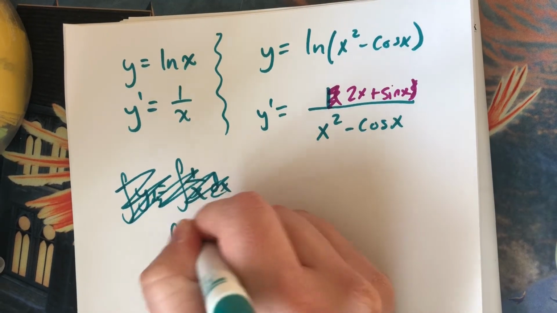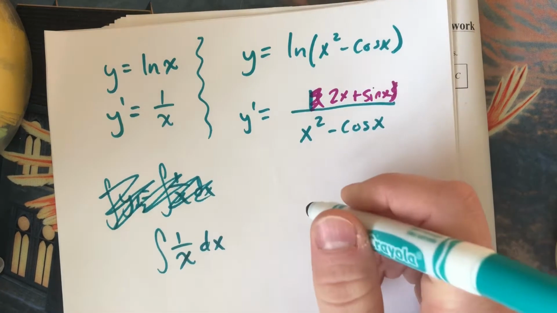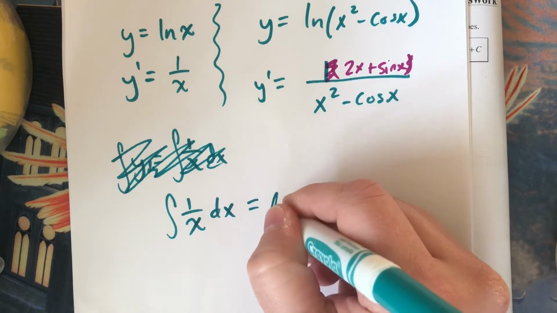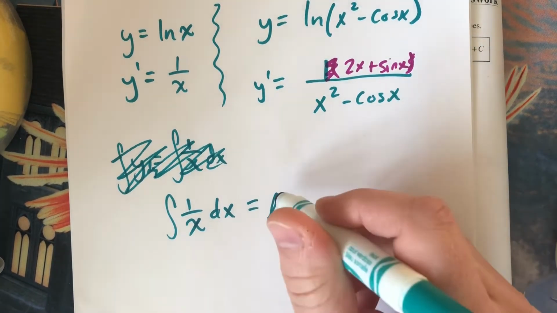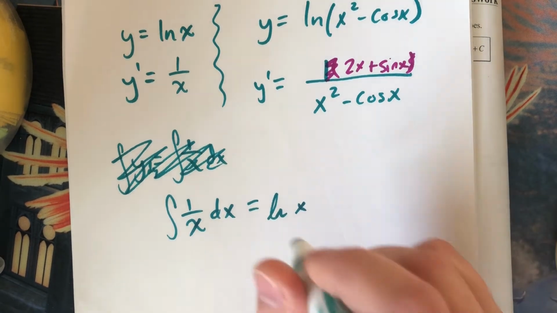Let's just talk about this on its own. Let's talk about the integral of 1 over x. So the integral of 1 over x would just be, I should use cursive so that doesn't look like 1n, ln x.